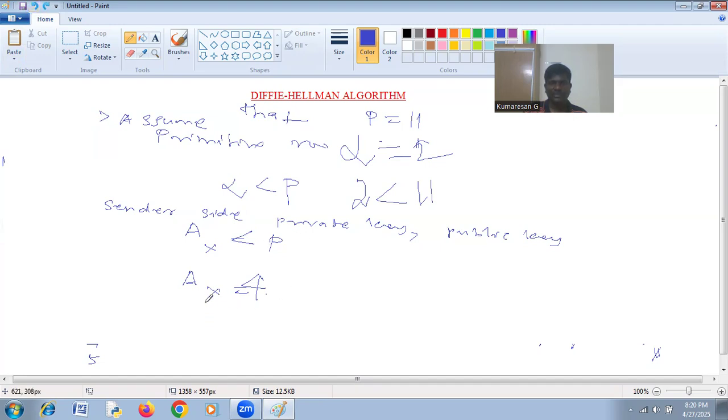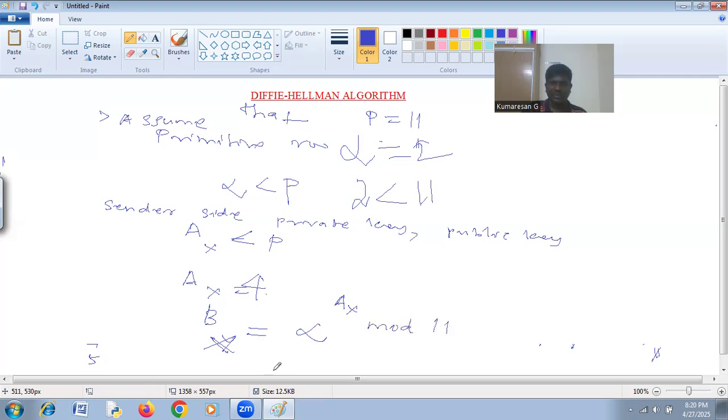How do we calculate it? The user X public key can be calculated from the user X private key: alpha power X private key mod 11.